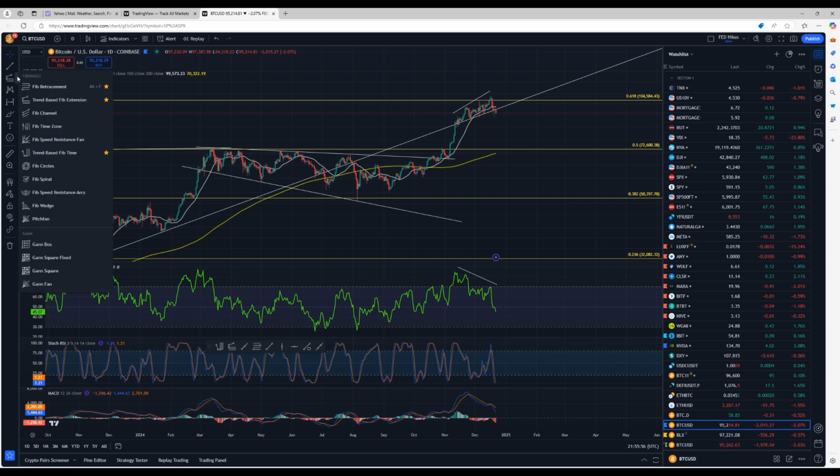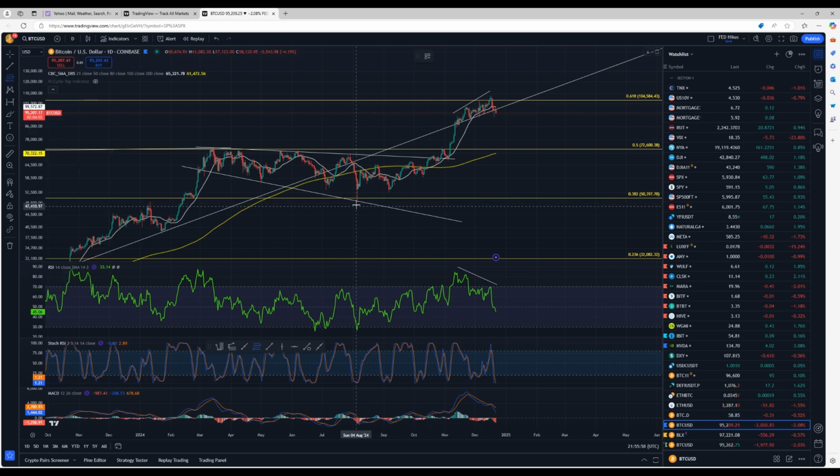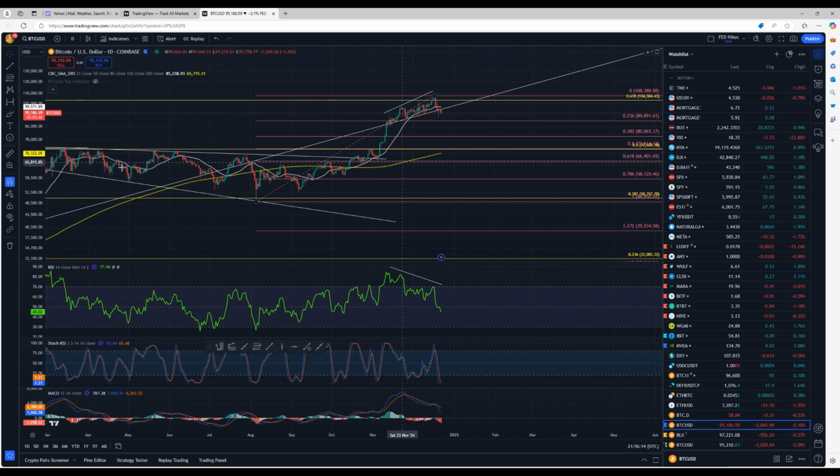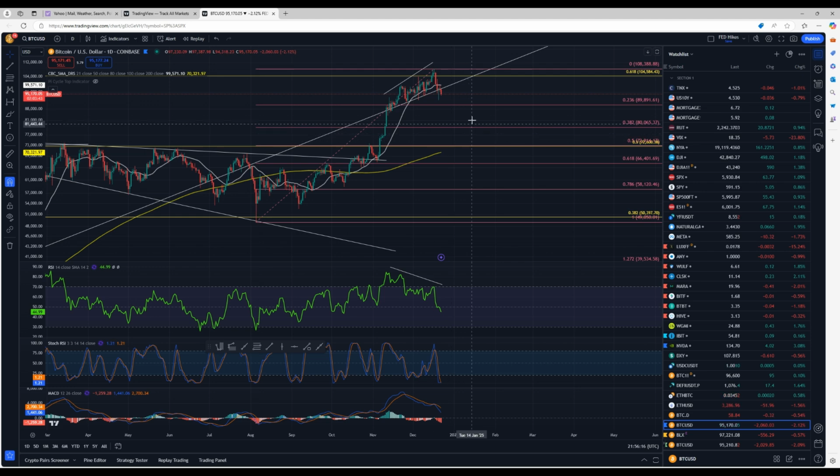If we just do a fib retracement, just to see how these all line up. I mean, easily we're going to 89 or 90,000, if not lower.